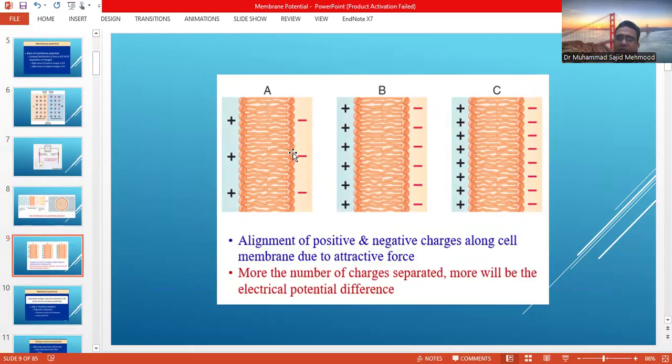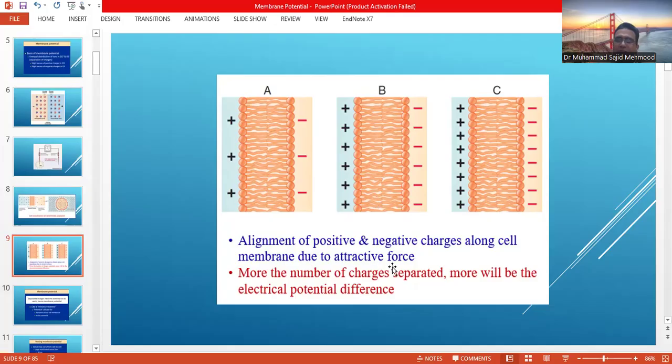The more the cell membranes are polarized, or the more the number of positive and negative charges along the cell membrane, the greater will be the polarization. For example, in figure A, this is less polarized, while in C, it is more polarized due to alignment of positive and negative charges along the cell membrane due to the attractive influence of the positive and negative charges.